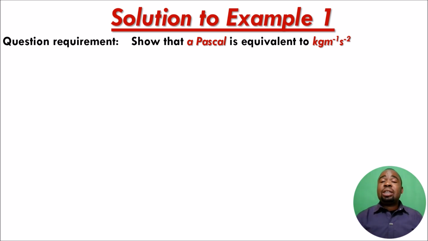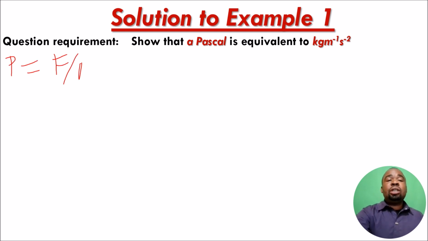The question wants us to compare a Pascal as a base unit. Is it going to give us kilogram per meter per square second if we break it down to its base units? We define pressure as force per unit area.